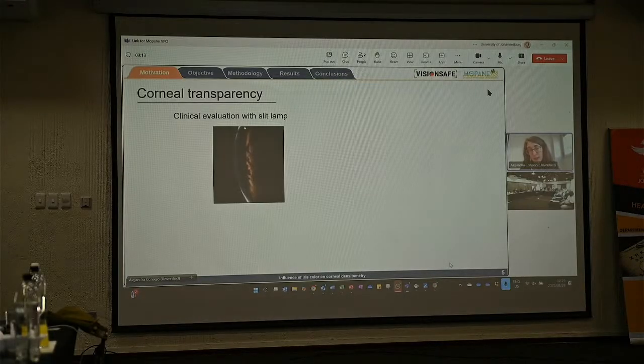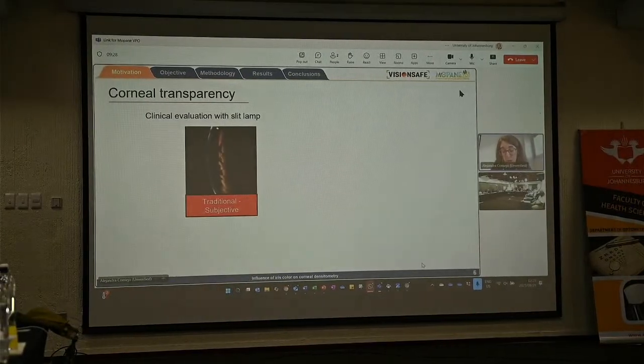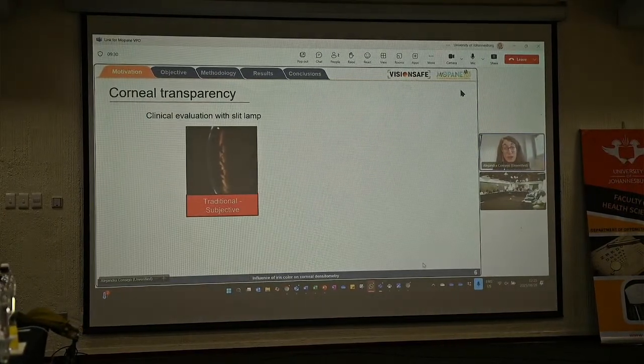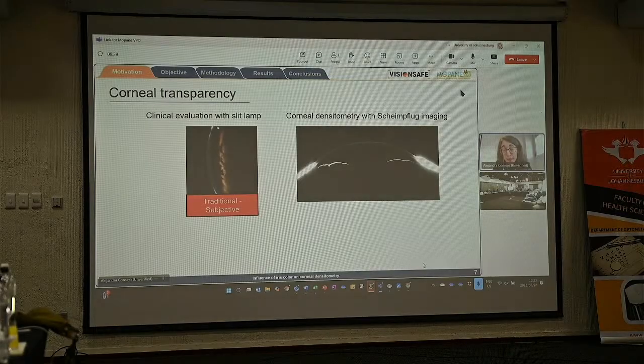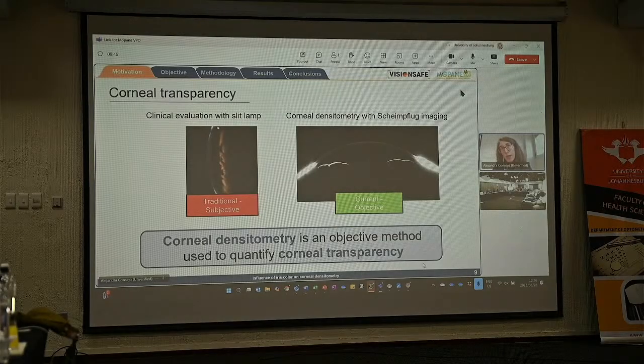Traditionally, this has been done with the slit lamp, which is not the best way because it's subjective. It depends on the operator, and it's very difficult to follow up because it depends on the clinician making the observation. Not so long ago, scientific imaging started incorporating what we call corneal densitometry as an objective assessment of that transparency.